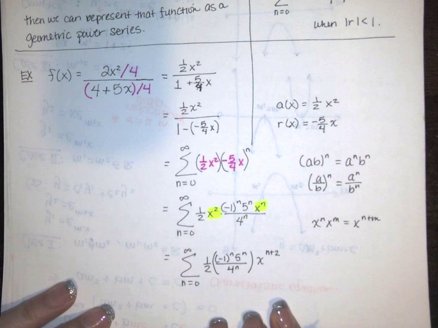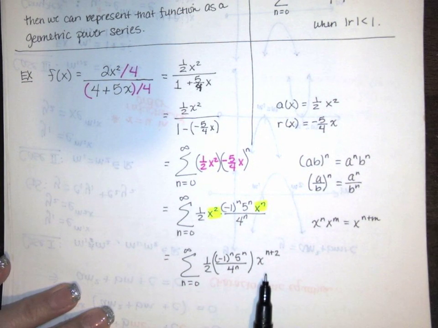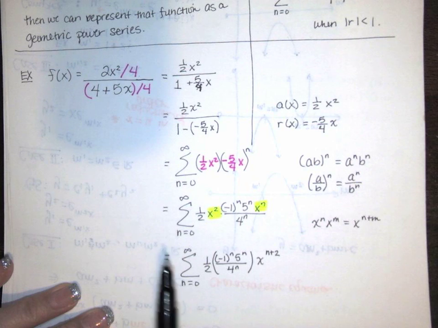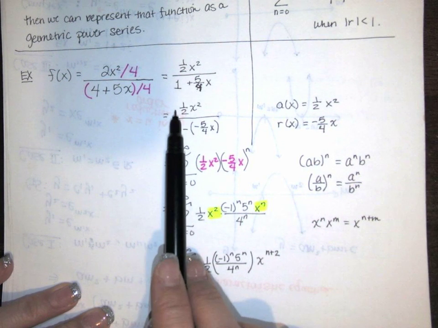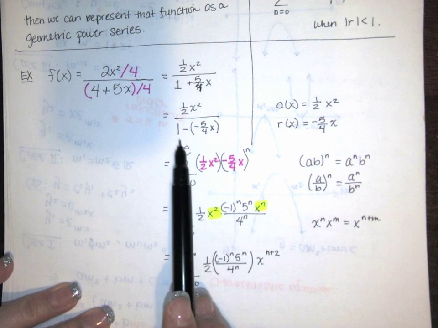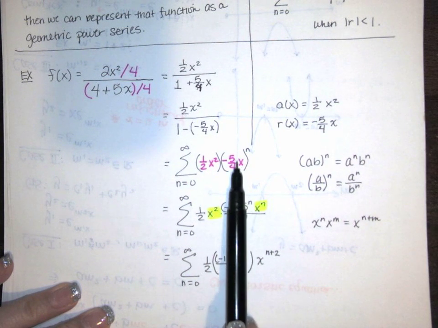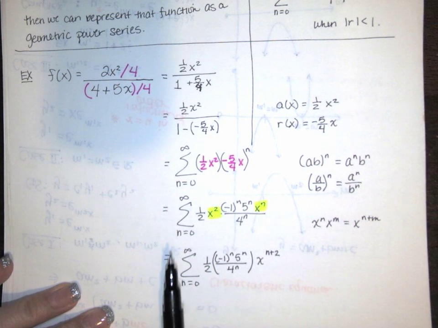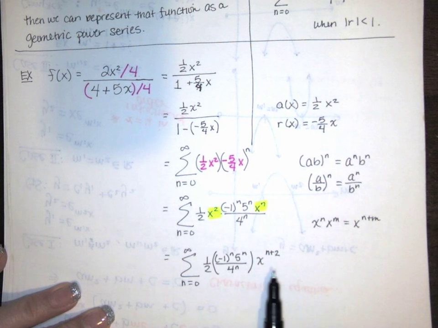Okay, so that's one simplified form of this function as a power series, and the power series is centered at 0 because of the way I chose to do this. Because I had the 1 here and I was subtracting the negative, I don't have an x minus a constant in the parentheses. So this is going to be the sum of infinitely many zeros when I substitute in n equals 0. Or excuse me, x equals 0.